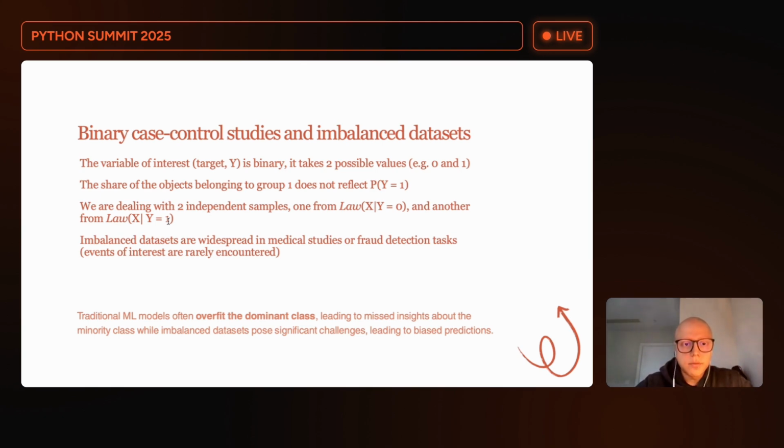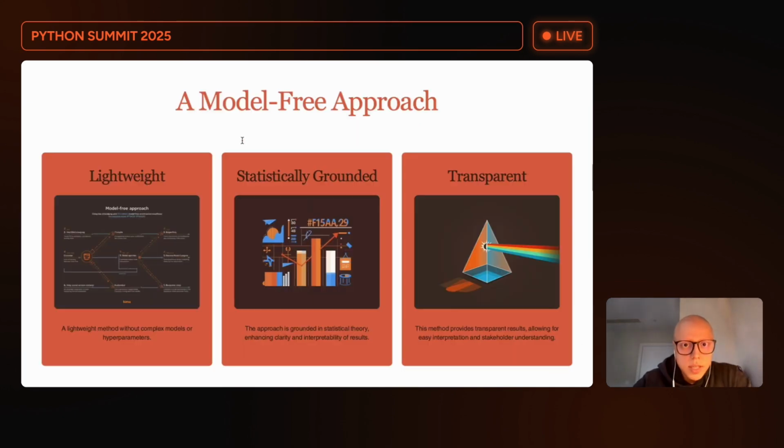Any situation when the events are rare, they usually tend to benefit from setting up samples in an imbalanced way, because otherwise traditional models just tend to overfit the dominant class and do not bring any useful insights about the minority unless you tweak the learning process somehow. So that's it about the motivation, I guess.